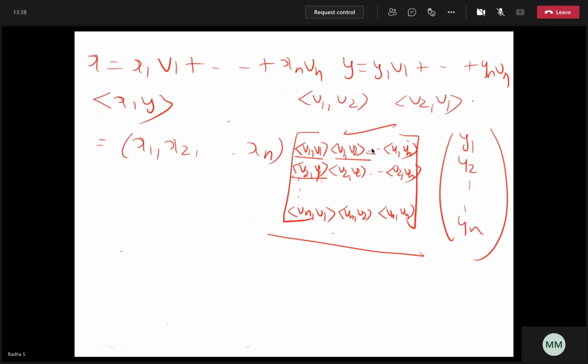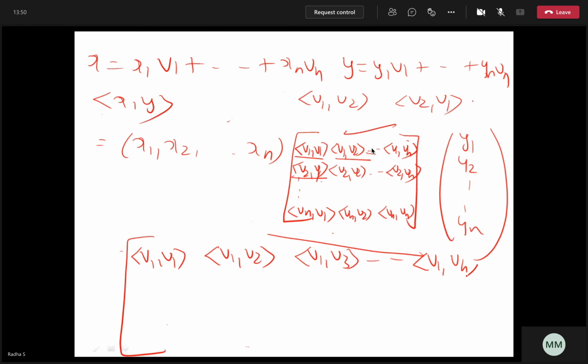Is this clear? Can you repeat once again what the matrix will be? v1 comma v1, v1 comma v2, v1 comma v3, etc., v1 comma vn. The first column will be, instead of v1 comma v2, v2 comma v1. But you know very well, inner product is always symmetrical.